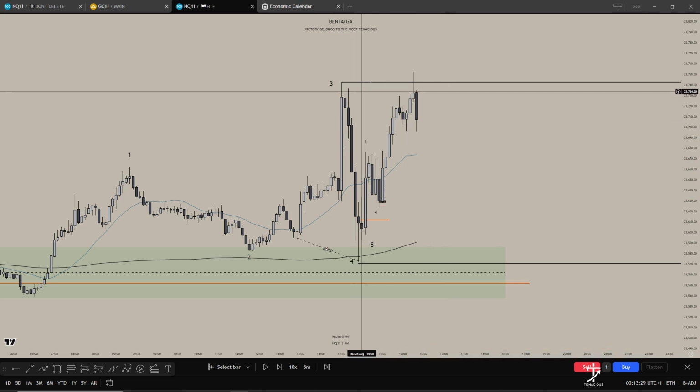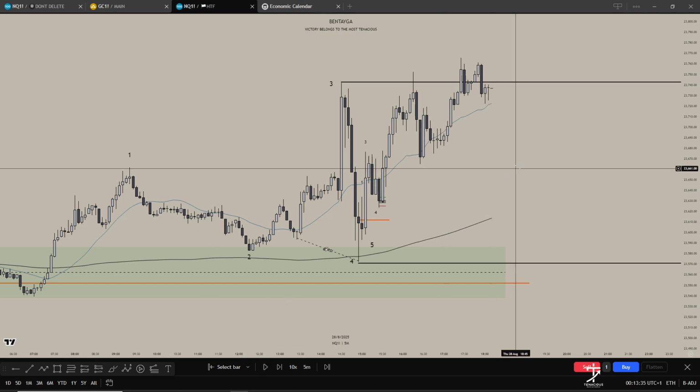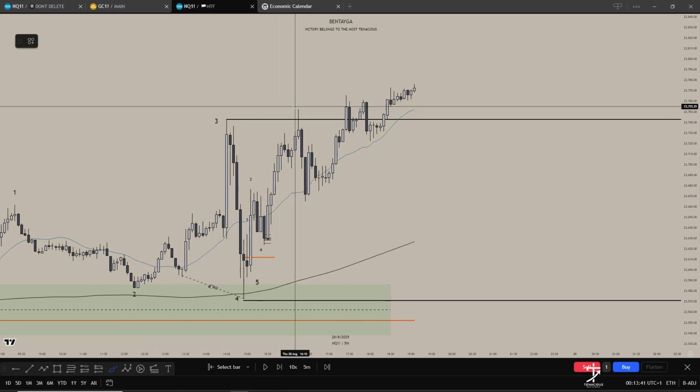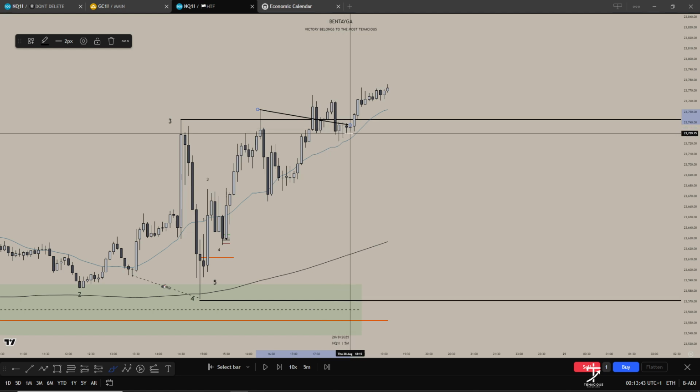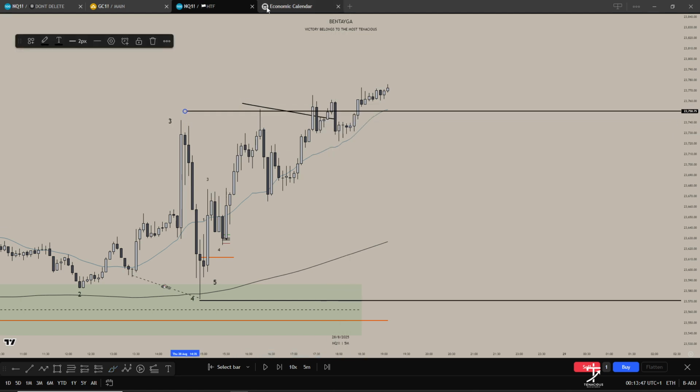But yeah, price ends up taking out the high. What's the time? Just double check. Yeah, so price ended up taking this high. Clear my charts.